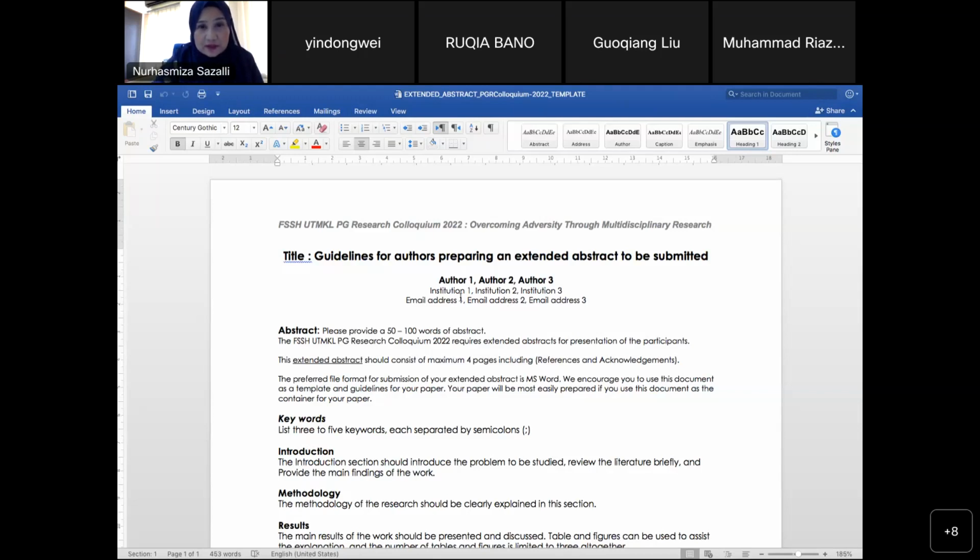Institute 1 is you, UTM. If all of you are from the same university, then you can just put the same university. And then the third line is going to be the email address of the authors, and then the abstract is just about 50 to 100 words.